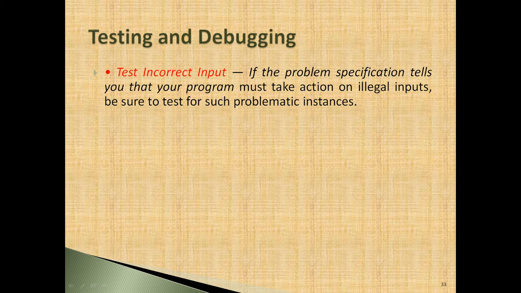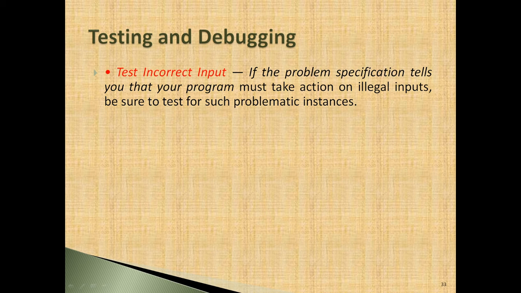So whenever the user puts a character instead of a number, there should be a message saying this is illegal. One should enter only the valid input. That should be checked before entering values into the program. So be sure to test for such problematic instances.